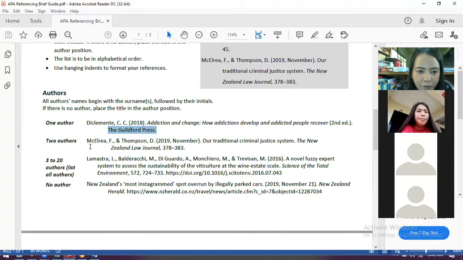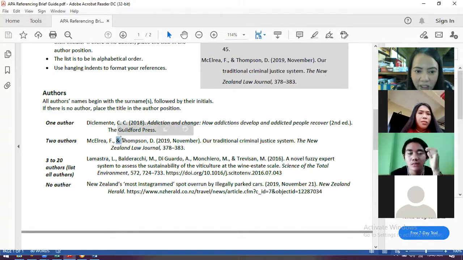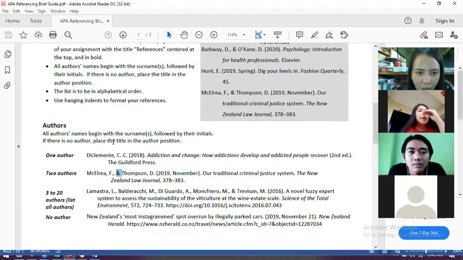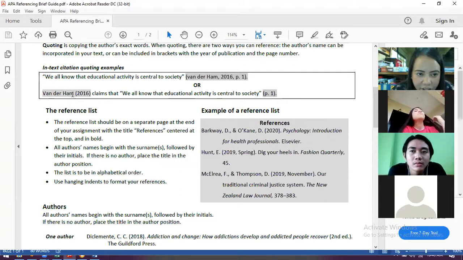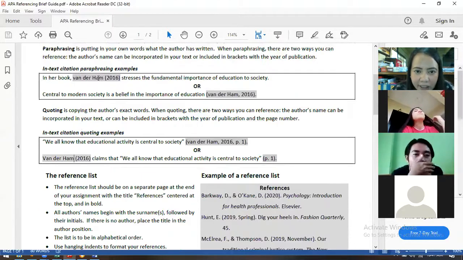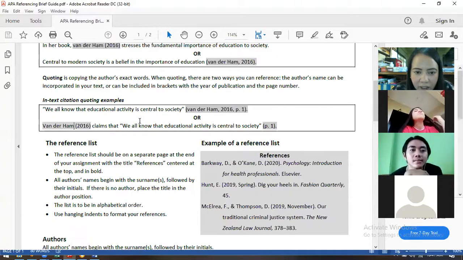Kung two authors naman, ganun pa rin, family name, initial, we make use of ampersand. Okay? Ampersand ang tawag natin dito sa end na to. But kung halimbawa dalawa ang authors ninyo dito sa in-text citations, you are going to make use of the word and talaga, A-N-D, kapag dito kayo sa beginning citation. Alright? Sa in-text citation, gagamit kayo ng word na and talaga, A-N-D.